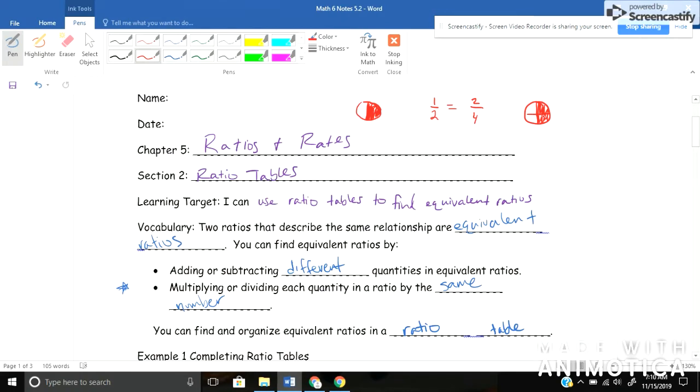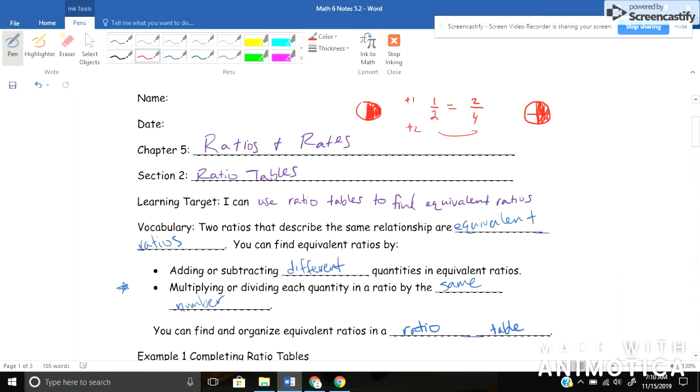They're equivalent ratios. Now to go from 1 to 2, if you were to add, on top you'd be adding 1, and on bottom you'd be adding 2. So that's what I mean when I say when you add or subtract, you have to use different quantities to get equivalent ratios.